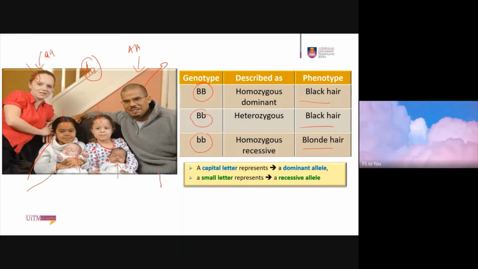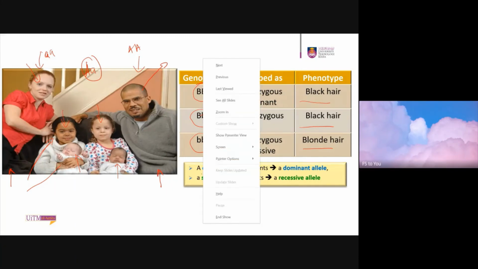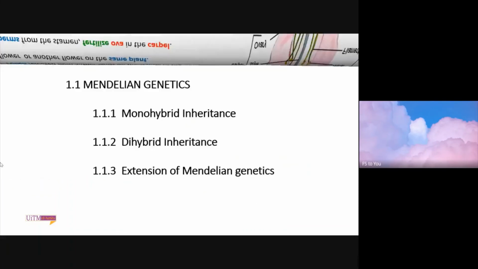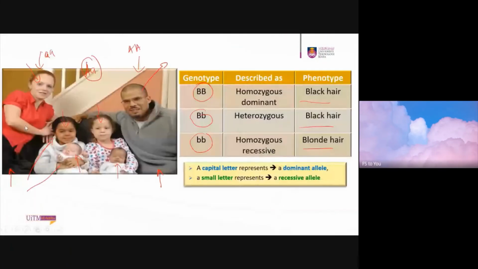Sebenarnya kenapa dia boleh jadi macam ni? Mak dengan ayah dia ni asalnya daripada mixed race family juga. Faham? Ada belajar pasal polygenic inheritance kan? Polygenic inheritance dikawal oleh banyak genes.